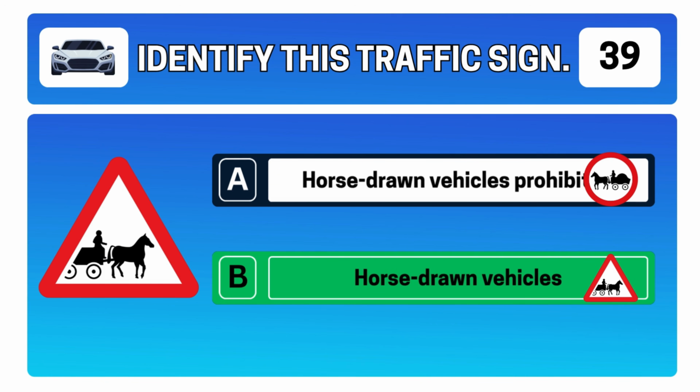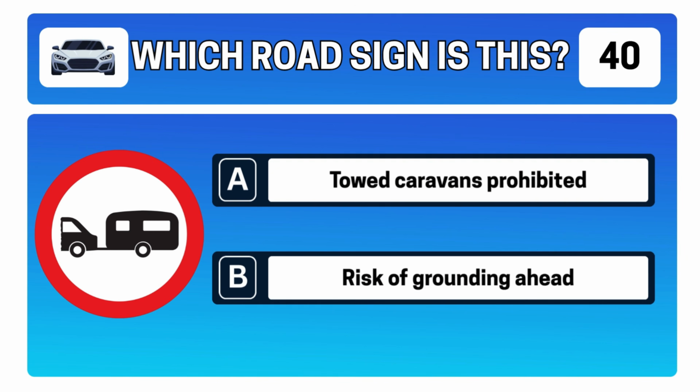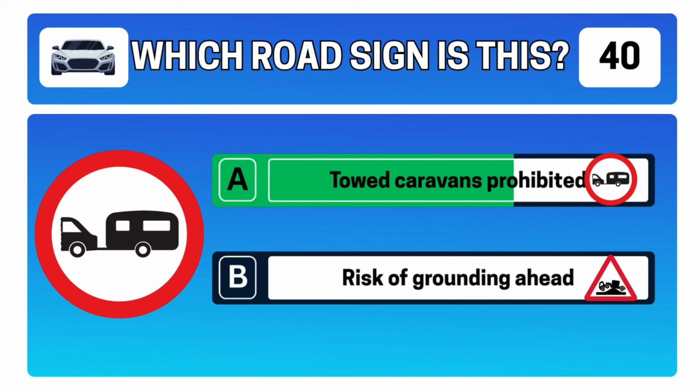Perfect. It is the horse-drawn vehicles sign. Which road sign is this? A. Towed caravans prohibited. B. Risk of grounding ahead. Perfect. It is the towed caravans prohibited sign.